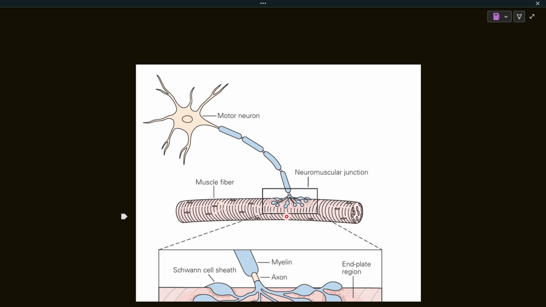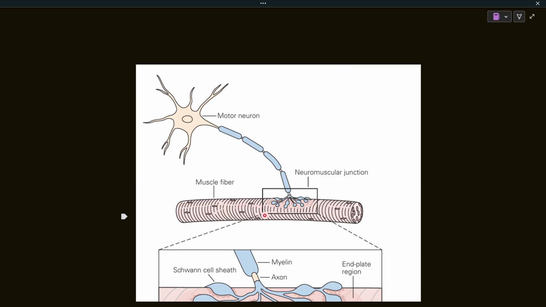Let's say the neurotransmitter released by the presynaptic terminal is acetylcholine. Acetylcholine will only open a single type of ion channel, the channels that receive acetylcholine. We refer to them as the acetylcholine receptors present on the muscle fibers.